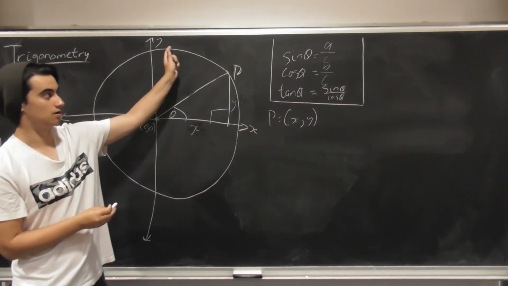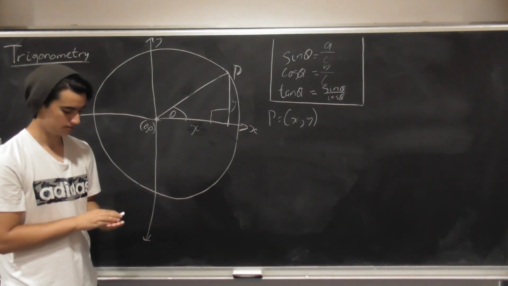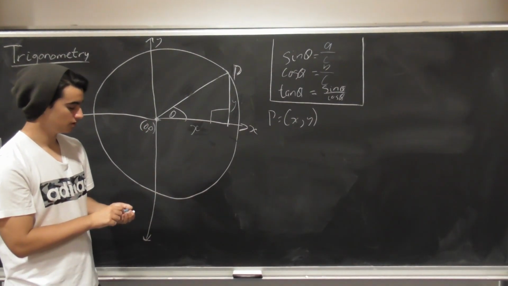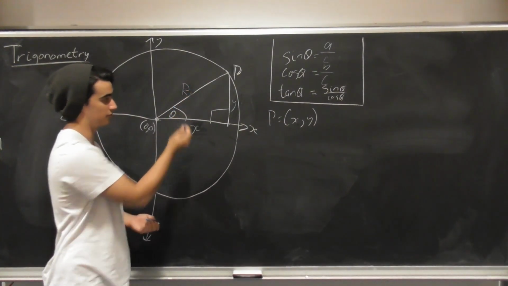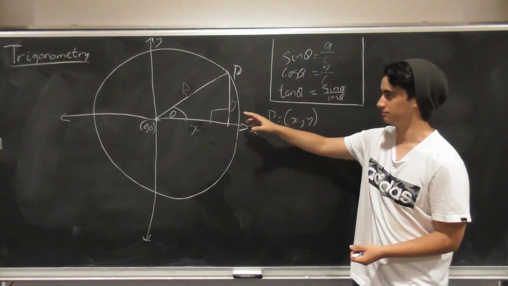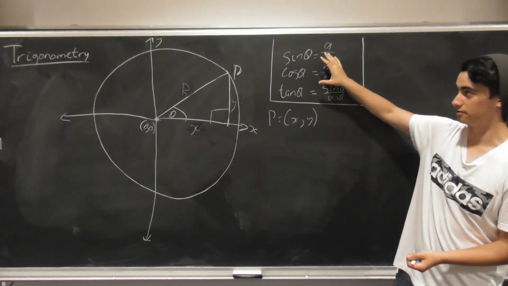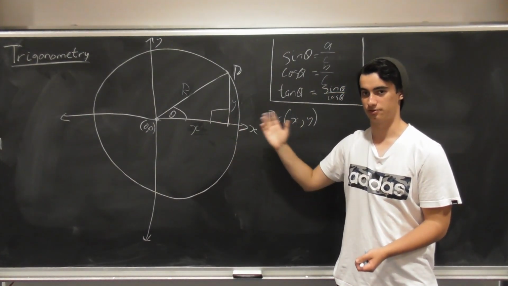P is on the circle itself, so we can call this r for the radius. And now we can use this information and our trig functions that we've just gone through to find out more properties of the point or the circle.